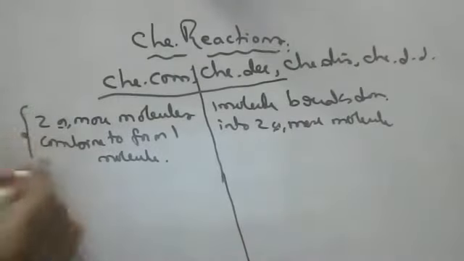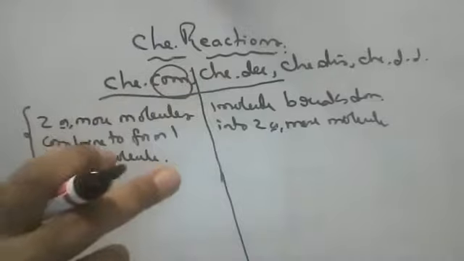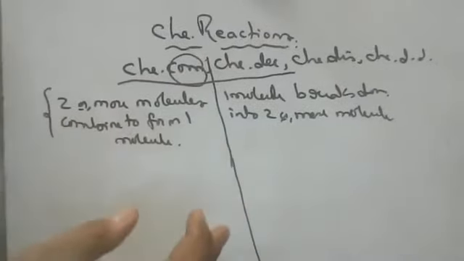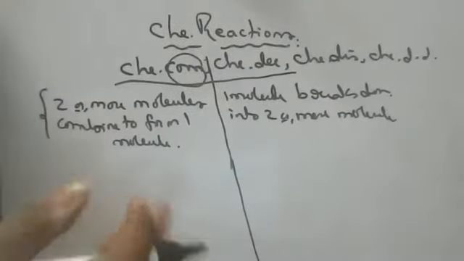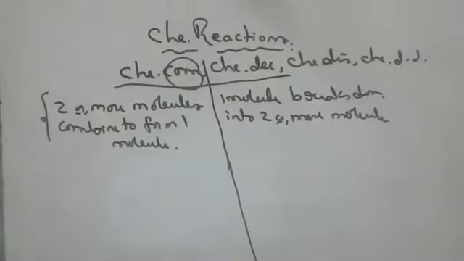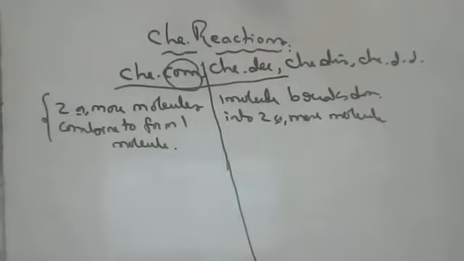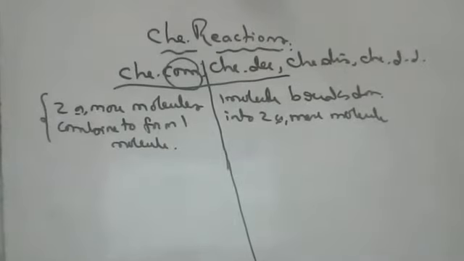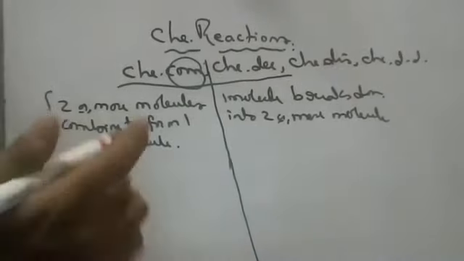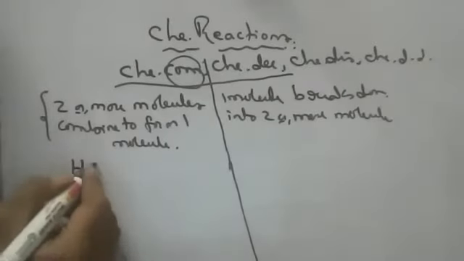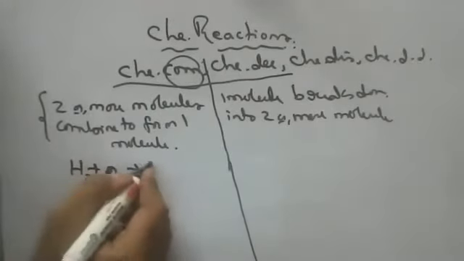Here, combination, the name itself indicates combination. Two or more atoms combine to form a new molecule. From the very name itself we can understand that it's just a combination. Example: H2 plus O2 gives H2O.